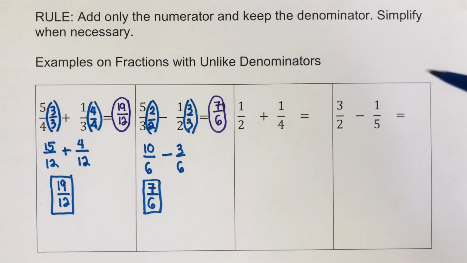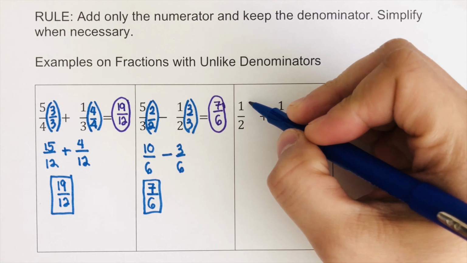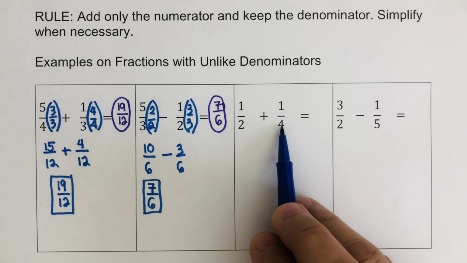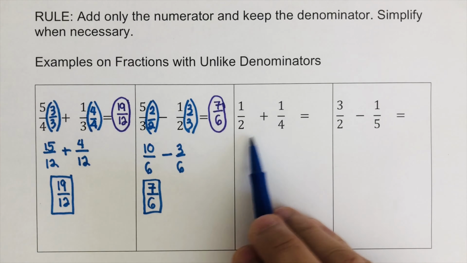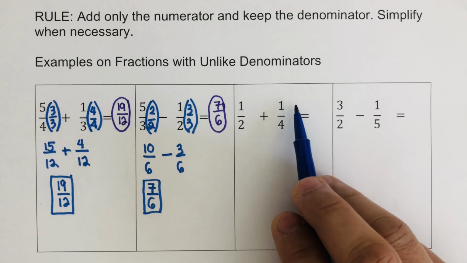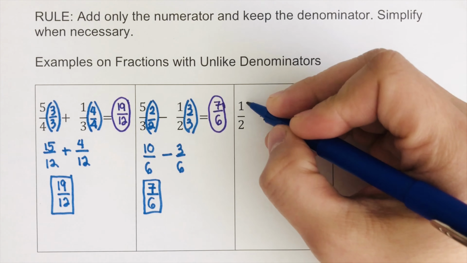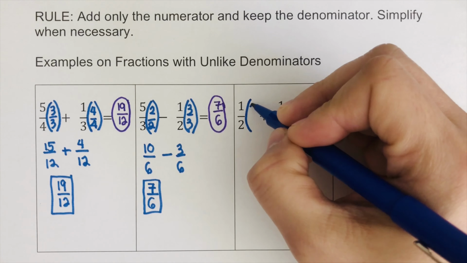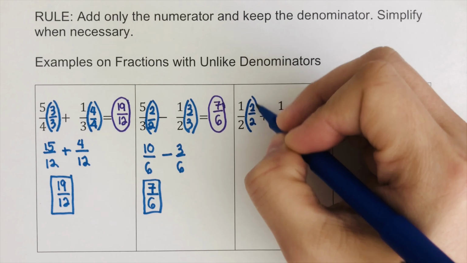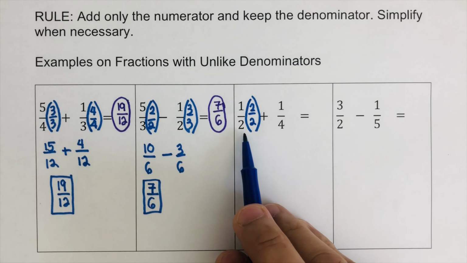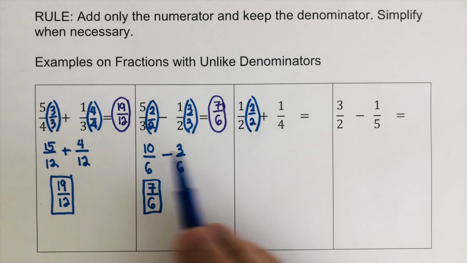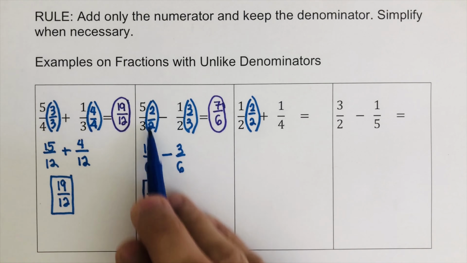Okay, so let's go over the problem here. Oh, now here's a trick. Since this is already 4, you can actually multiply this by 4/4, or you can multiply this by 2/2. But since this is already 4, I can just go ahead and multiply this by 2/2, because from there I can already make the denominators the same. Again, you can do the same process where we multiplied both of them.